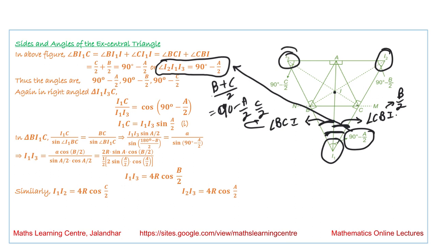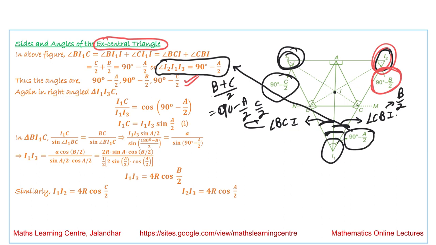Similarly this angle will be 90 minus C by 2, and this angle at I2 will be 90 minus B by 2. So these are the three angles of the excentral triangle.